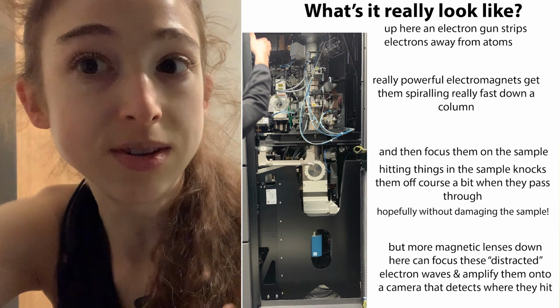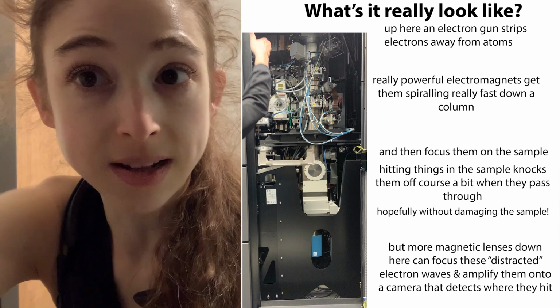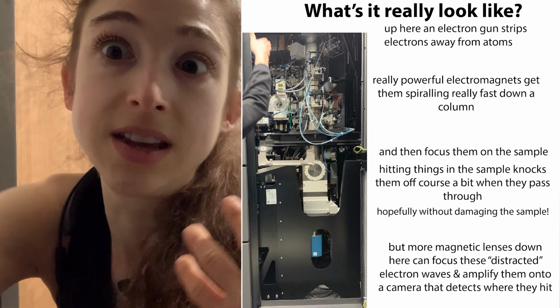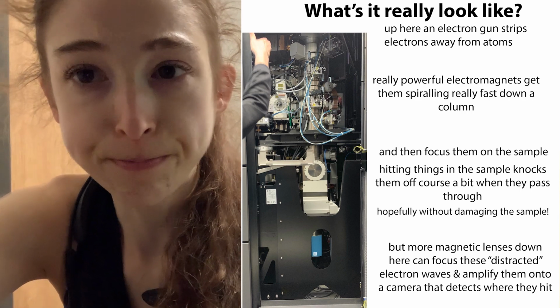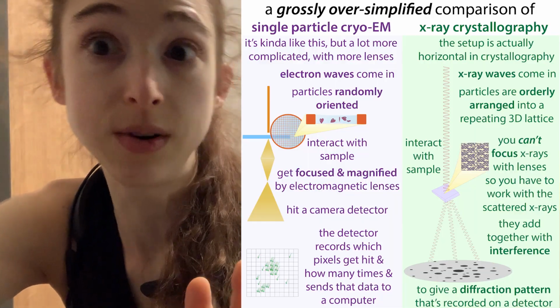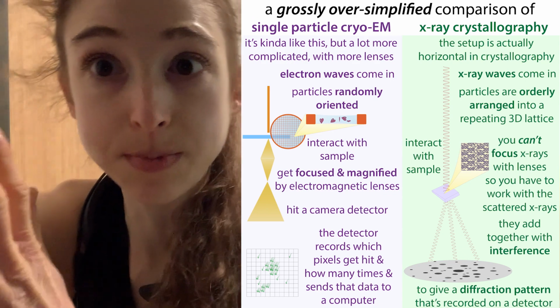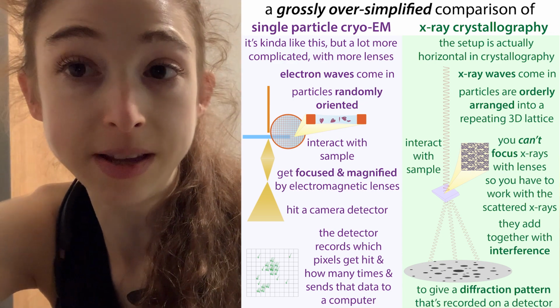But then you're able to get actual images rather than just a pattern of spots. But the signal of these images is going to be really, really faint, and you're going to have to get a lot of images in order to get a structure. So that's one of the differences between X-ray crystallography and Cryo EM, and why you're getting spots for the X-rays, but blurry pictures for the Cryo EM.